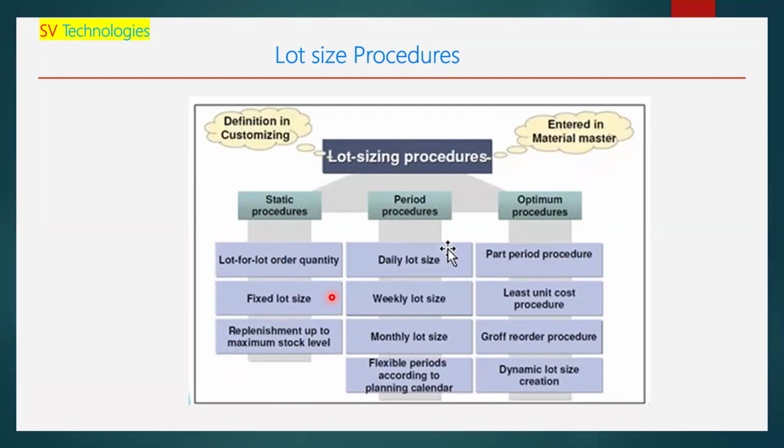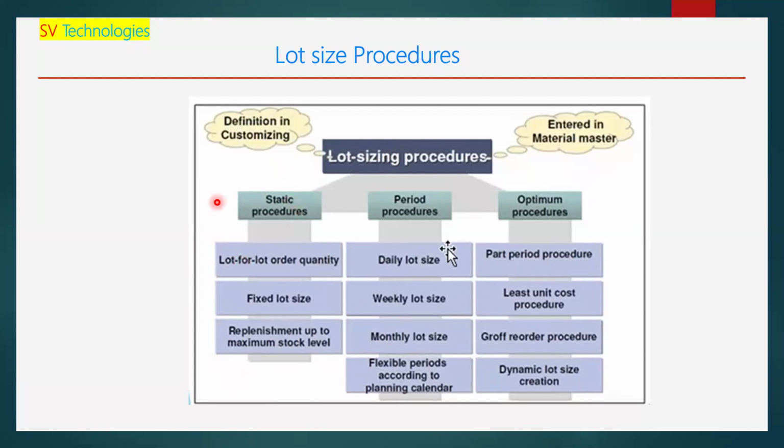For example, if after the MRP run your requirement is less than 100, it will still generate the minimum lot size quantity. Sometimes if your requirement is more than your maximum lot size, meaning the maximum that supplier can deliver, the system will not generate more than that. It will restrict it. So based on the scenario, we need to use these criteria.